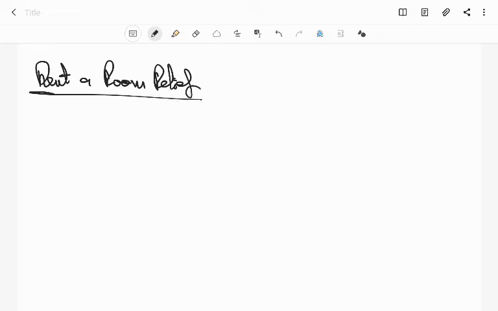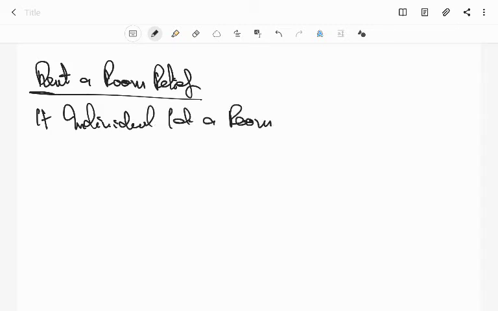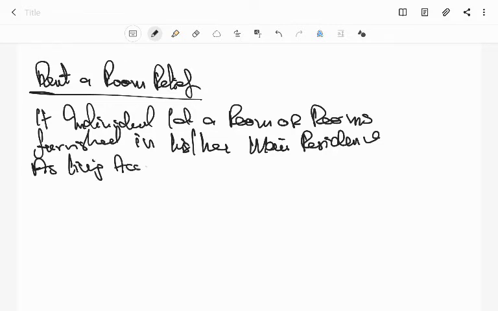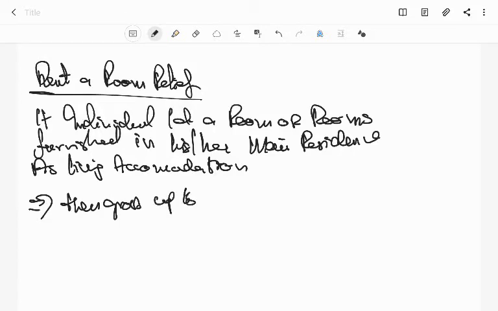If an individual lets a room or rooms furnished in his or her main residence as living accommodation, then gross rent up to £7,500 is exempt.